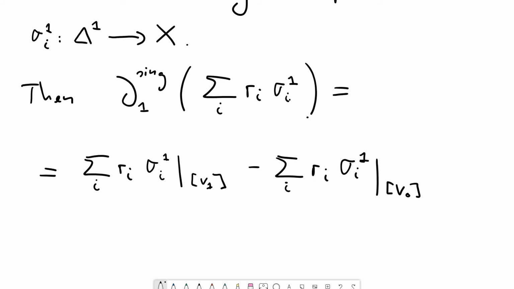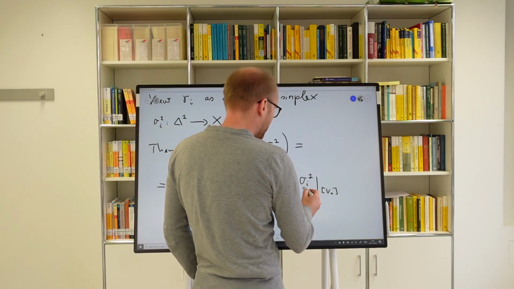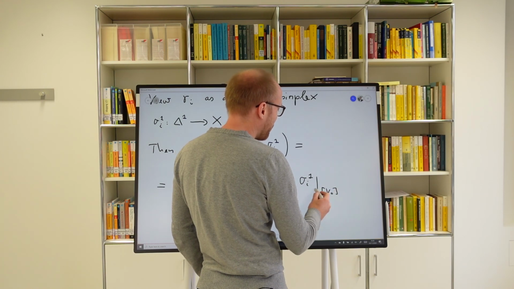And now we make the following observation. The paths were so chosen that they all started at the base point x0. So this has the effect that this restricted simplex here, this zero simplex, is the same for all i.